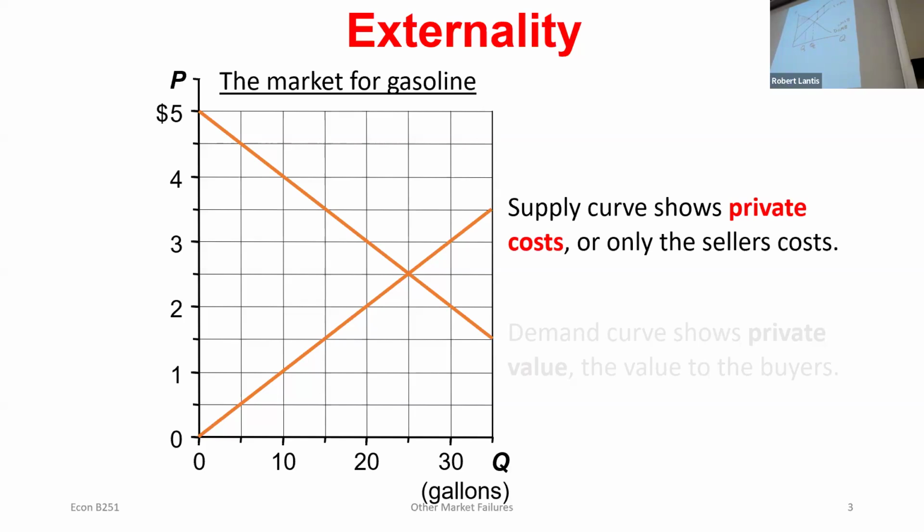When we overproduce, the deadweight loss comes from the fact that we're now producing units that had negative net benefits or negative surplus. Where's the negative surplus to society here? Well, if we produce past this point, for every quantity here, society's marginal benefits are lower than their marginal costs.